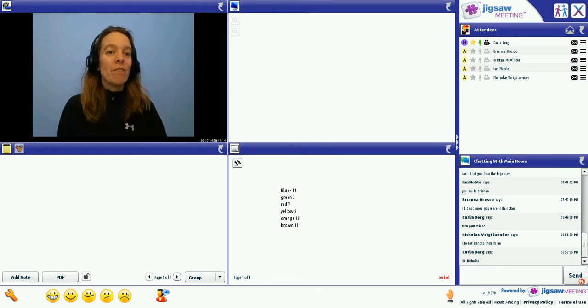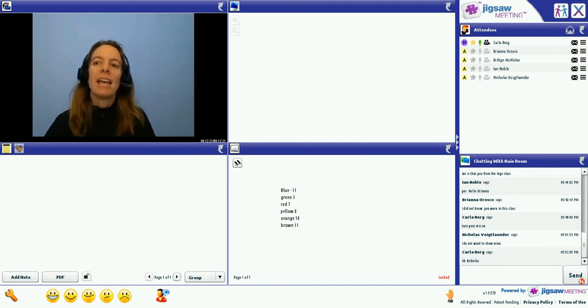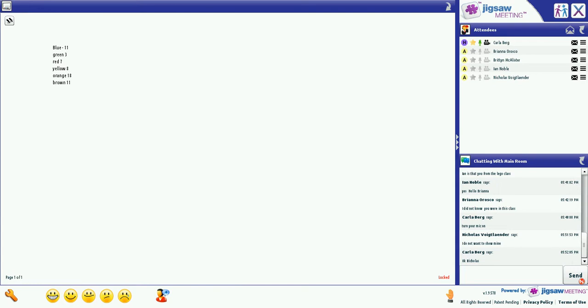Now, for a pie graph, we are going to make one real quick as a class. So what I need to know, and I'd like you guys to write it up on the whiteboard, is what your favorite animal is. And we are going to make this pie graph together on the whiteboard. So what is your favorite animal?